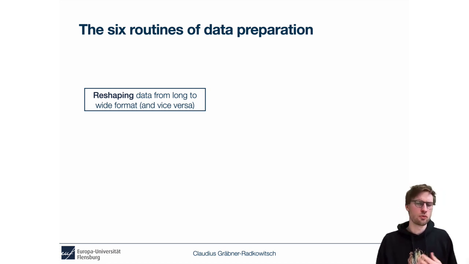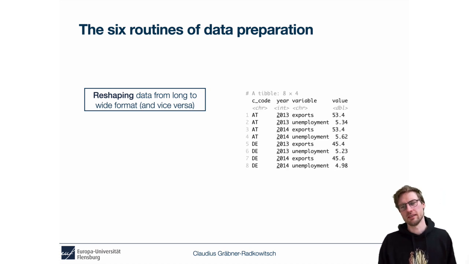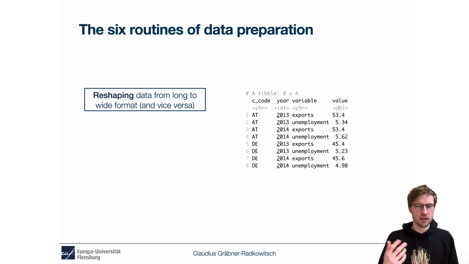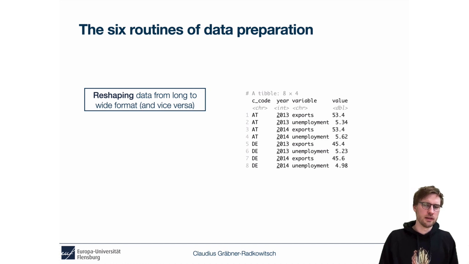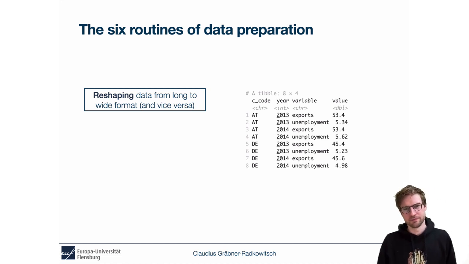By long or rather long data, I refer to data sets like this, where you have a lot of rows as compared to the columns, meaning that usually you have a column called variable, where all the variable names are in. And then you have a separate column for the values, and that basically means that you have rather many rows as compared to the columns, because not each column refers to a particular variable or particular year.